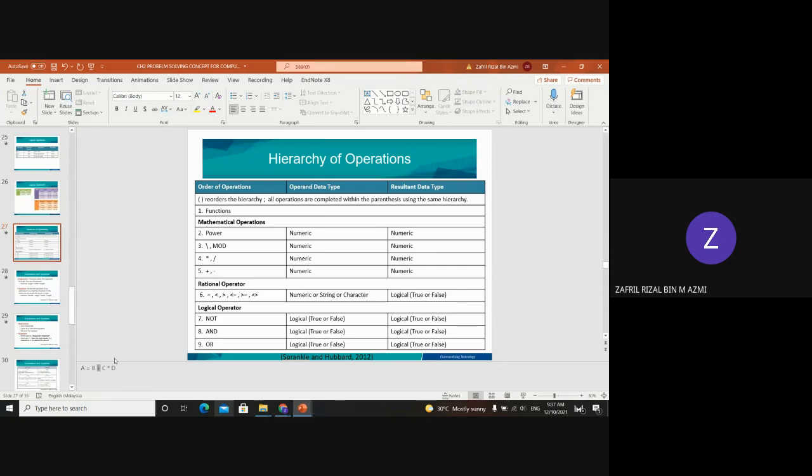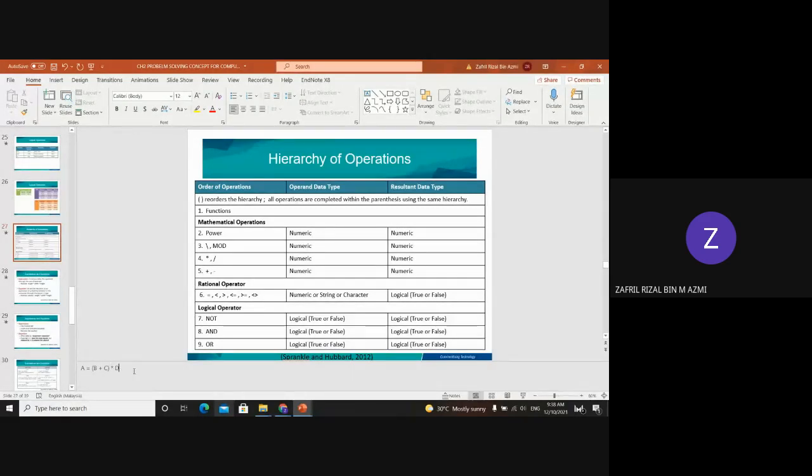But let's say there's a bracket over here. Which one do we solve first, class? Bracket. Solve B plus C first because bracket is on the top of the hierarchy. Understand?